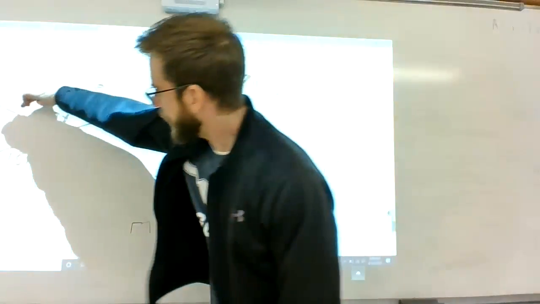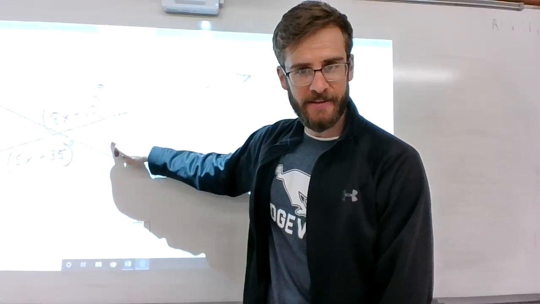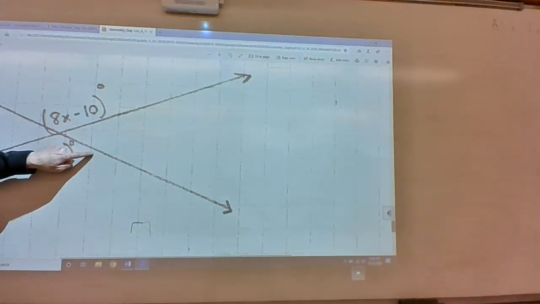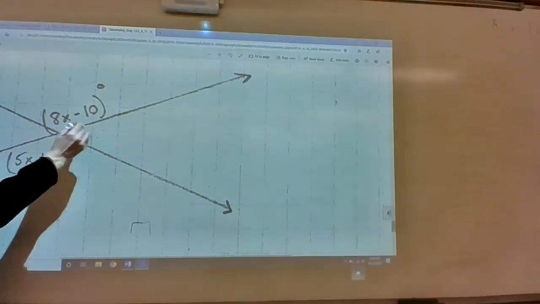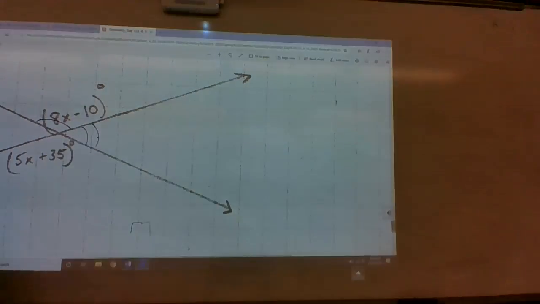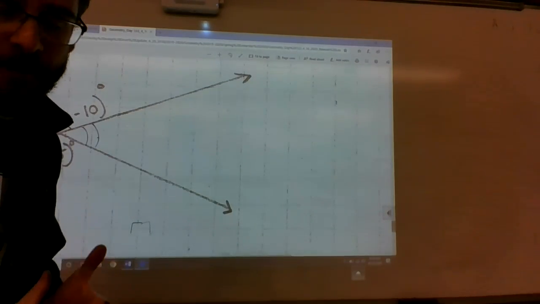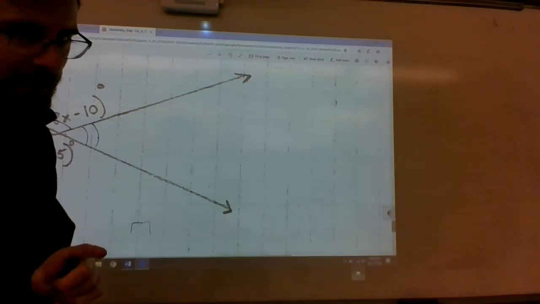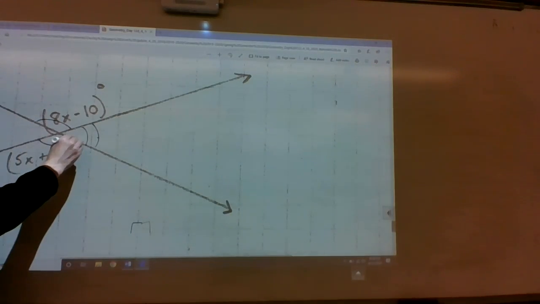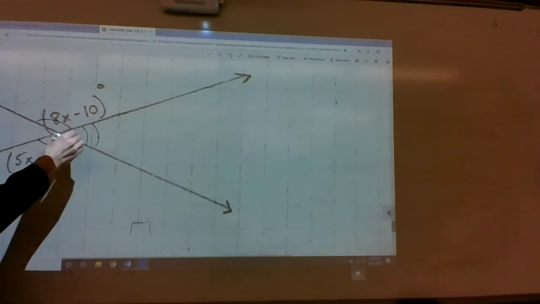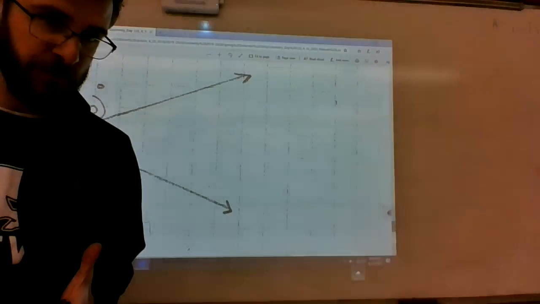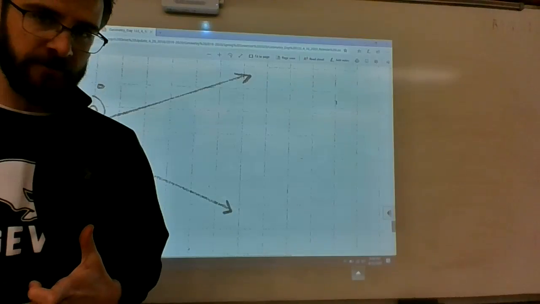If the angles are side by side, like these two angles are side by side, they're supplementary. They add up to 180. However, if they're across from each other, like these two are, or like these two are, they're called vertical angles, which means they're equal to each other.